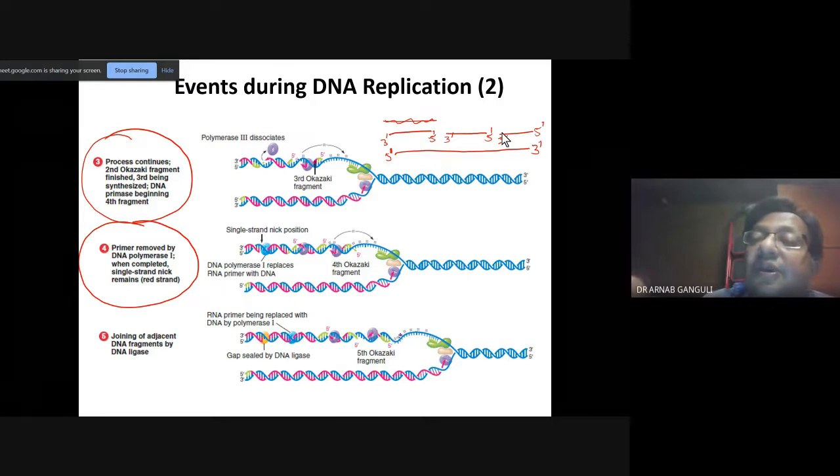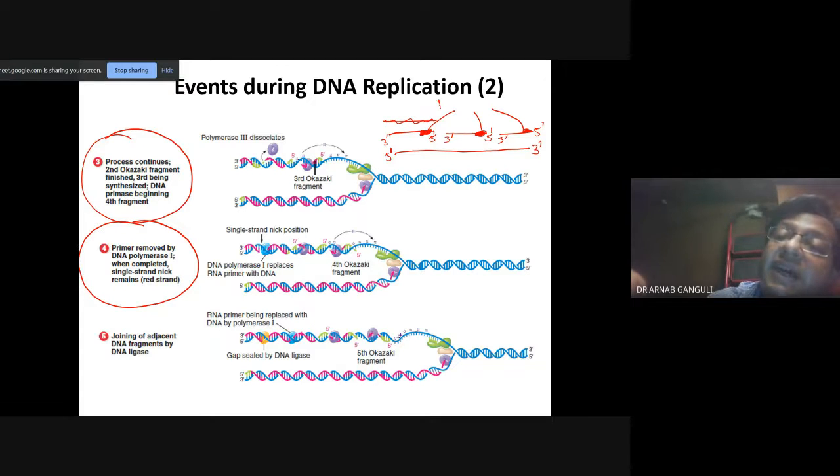So all of them have got a few nucleotides, 10, 12 nucleotides of RNA primer. These are the RNA primers which are present over here.